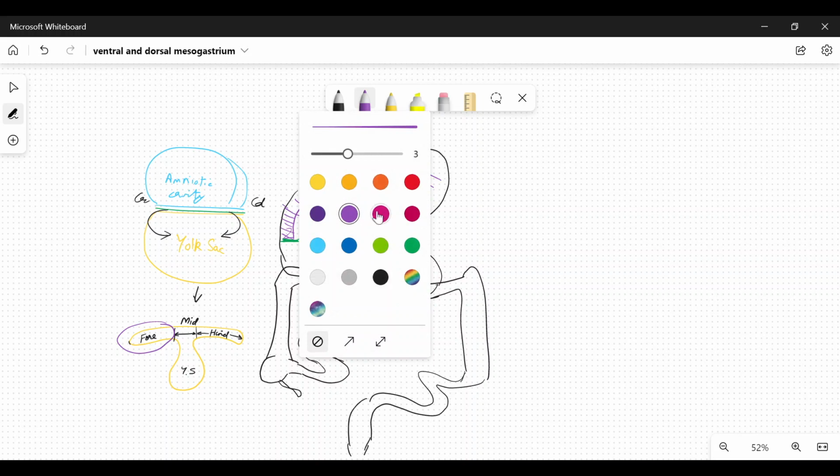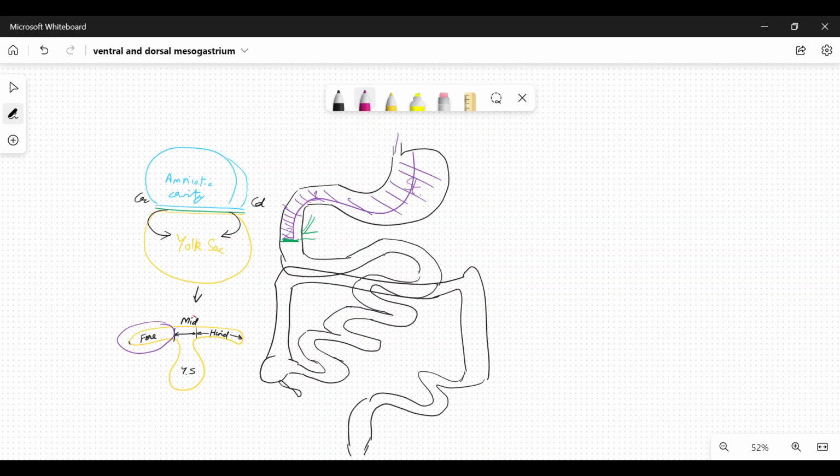Right. Okay. Then, what is derived from the midgut? That includes the distal part of the second part of duodenum, the third part and fourth part of duodenum, then the entire jejunum, the entire ileum, the cecum and appendix, and then the ascending colon, then the right two-third of the transverse colon, up to the junction of the right two-third and the left one-third of the transverse colon.